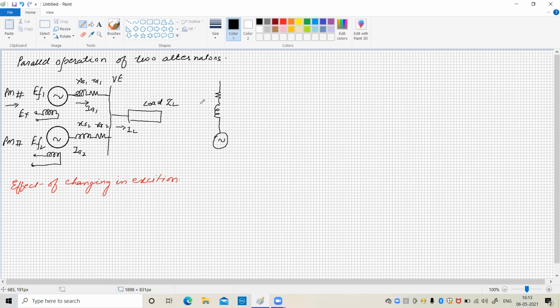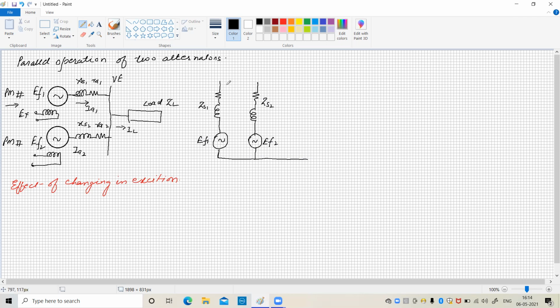So this is represented as a ZS1. Now the second generator, resistance, inductance and exciting voltage, EF1 and EF2. So it is EF1 and it is say EF2, and this is nothing but a Z2 or ZS2 is there. They are connected in parallel with the common load.